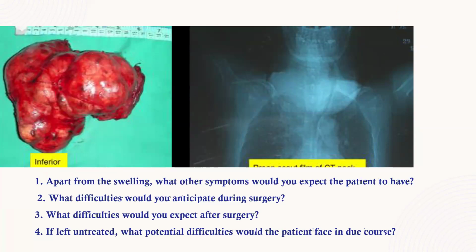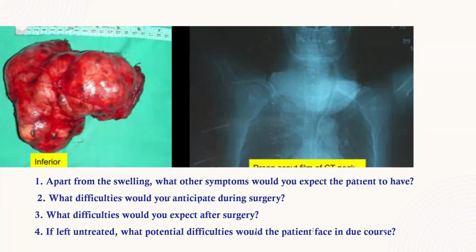The compressive symptoms are basically stridor and dysphagia. Difficulty in breathing, okay, stridor. Then? Difficulty in swallowing, sir, dysphagia. Okay, and then? See, the question was, looking at that specimen and the X-ray, what symptomatology do you expect?